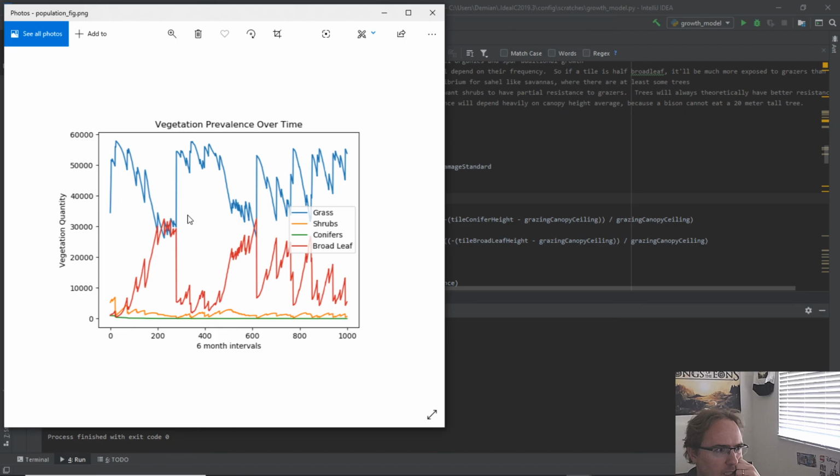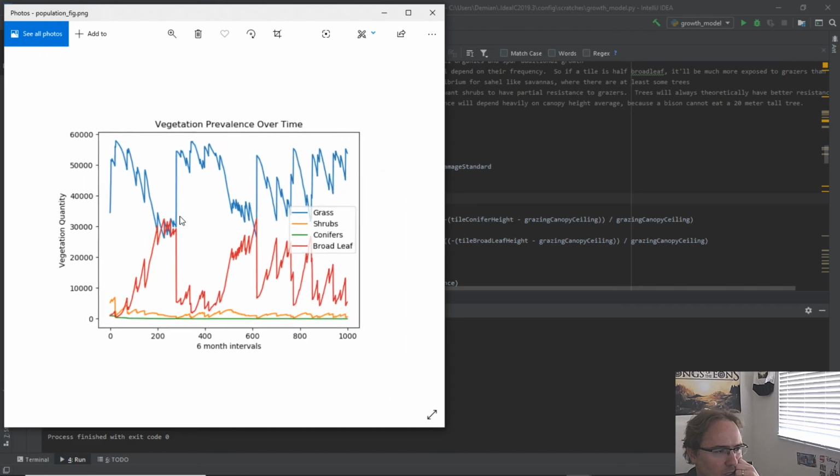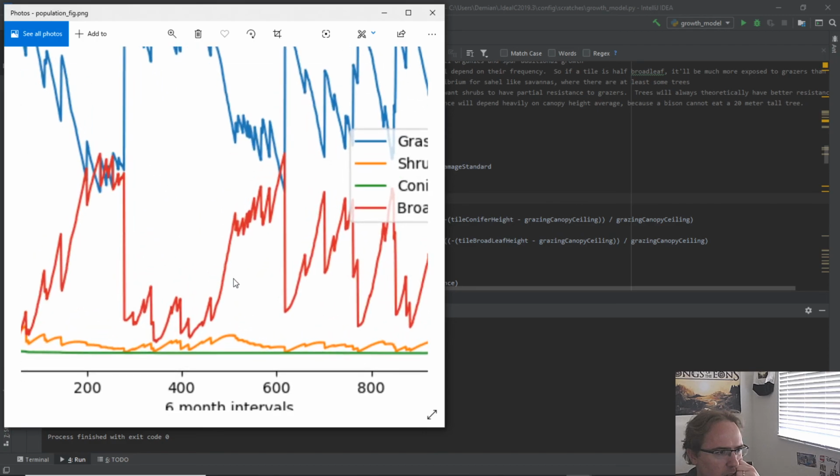It barely seems necessary now, because grass just immediately moves into the vacuum. What's impressive is you have these phases where broadleaf trees just take over.